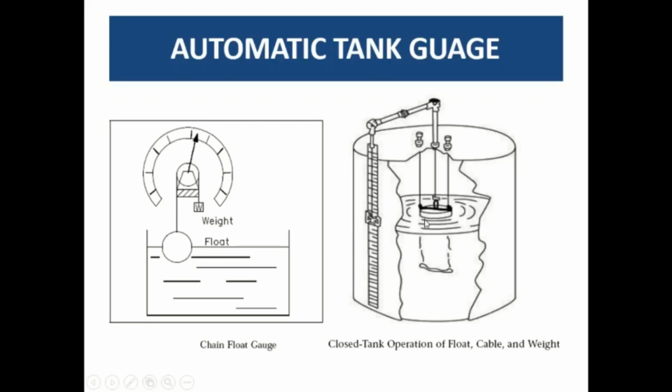The chain is also attached to this floating element, and there are pulleys attached at this end and this end. After that, there is a pointer which moves upward or downward as the floating element moves upward or downward, according to how much material is filled up in the tank.